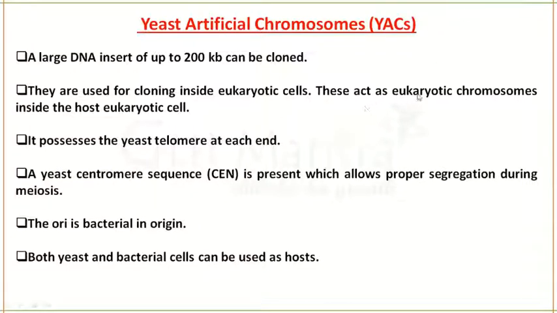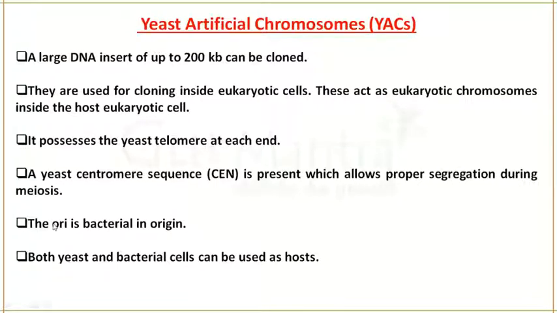These act as a eukaryotic chromosome inside the host eukaryotic cell. It possesses the yeast telomere at each end. A yeast centromere sequence is present which allows proper segregation during the meiosis. The origin of replication is bacterial in origin.